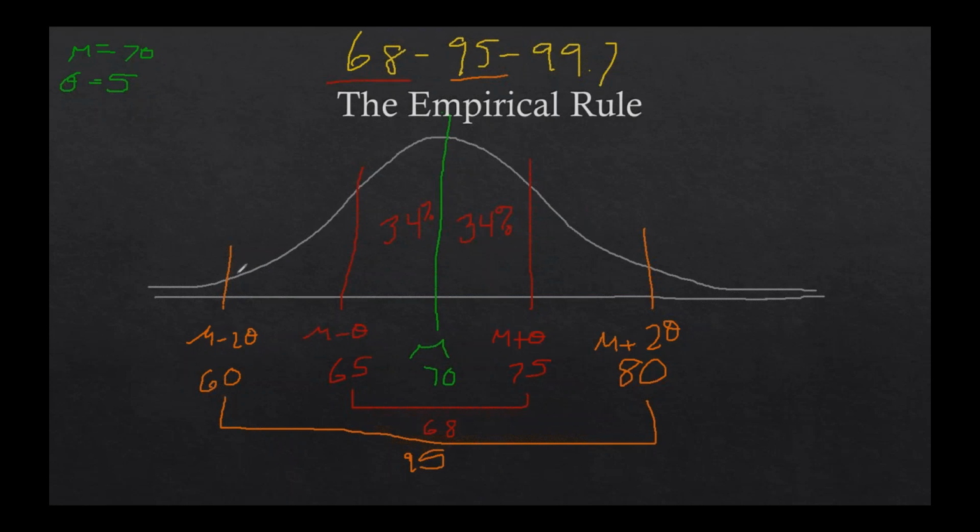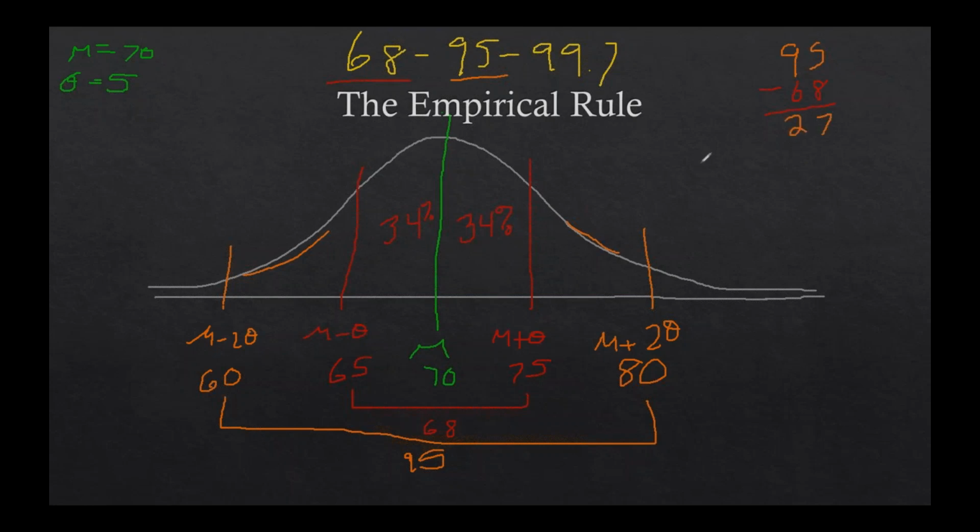Okay, so let's think about what goes in these two orange spots. Well, if from orange to orange is 95, but remember, I've already counted for 68 of that from red to red. So how much do I have left? What's 95 minus 68? 27.